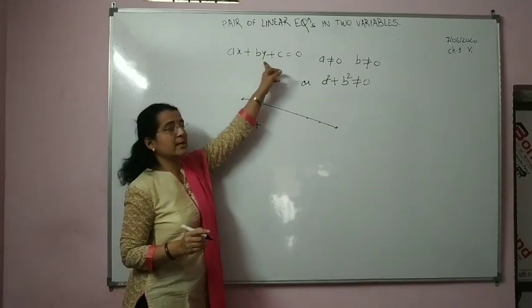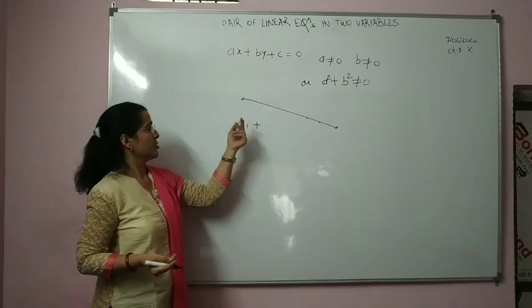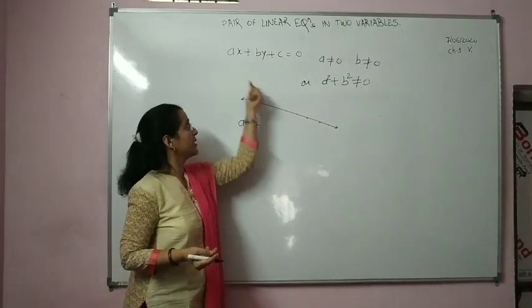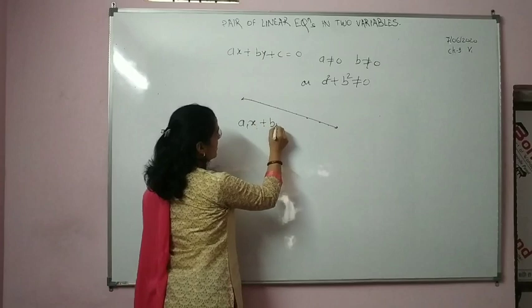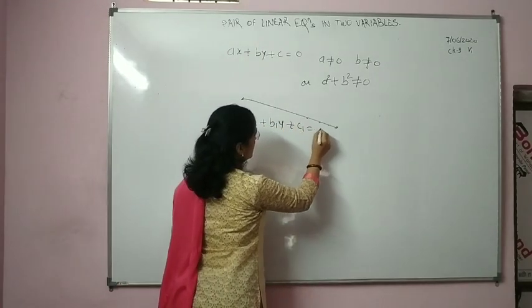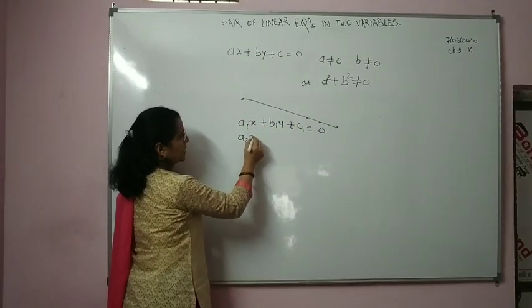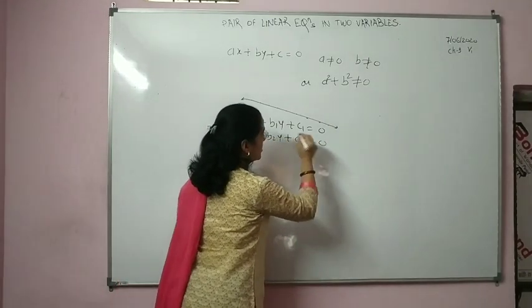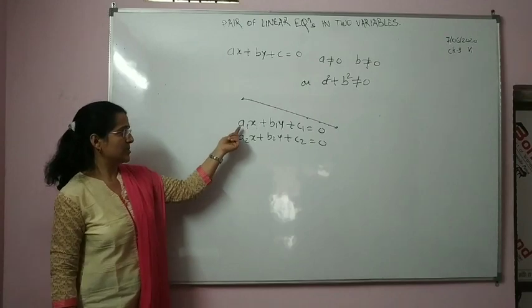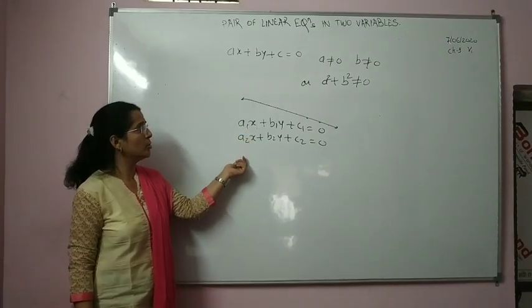I cannot change x and y, which are the variables. So the equation a1x + b1y + c1 = 0 and another equation a2x + b2y + c2 = 0 is called a pair of linear equations in two variables.